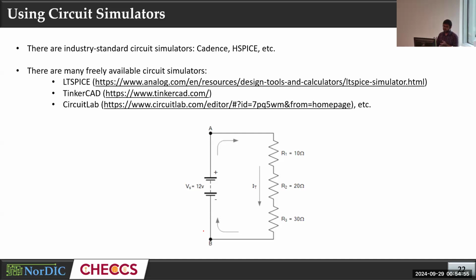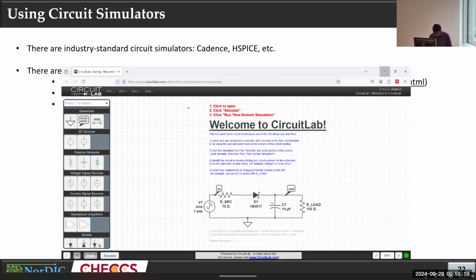You can download it on your computer. We also have some online free tools like Tinkercad and CircuitLab. There are many others; if you search for free circuit simulators, you will find a lot of tools. I just mentioned two, and for this class we will use CircuitLab.